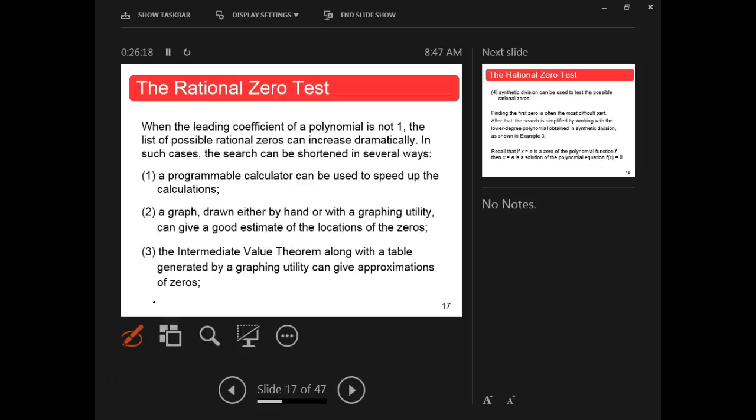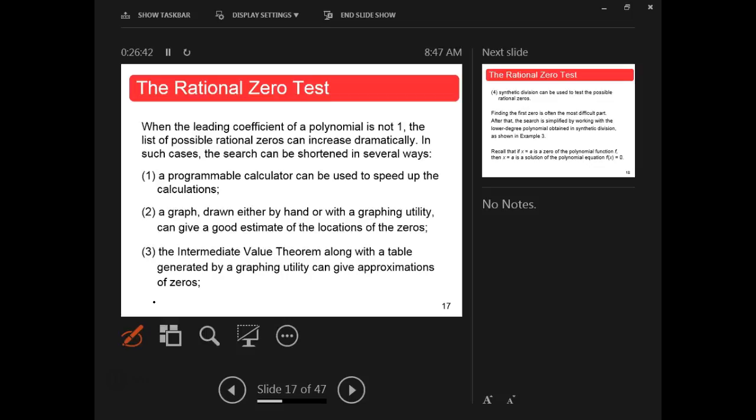That makes things go faster. But if it's graphing, draw the graph, either by hand or with the graphing utility. It gives you an estimate of the location of the zeros, okay? And then, like I said before, the intermediate value theorem, along with a table generated by the graphing utility, can give you approximations of zeros, if there are any more.